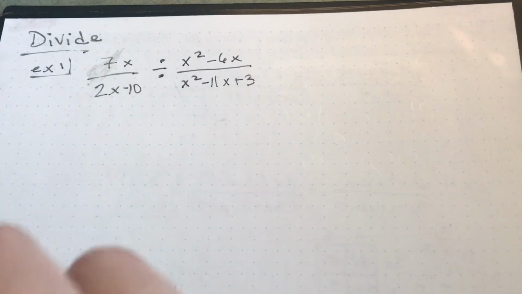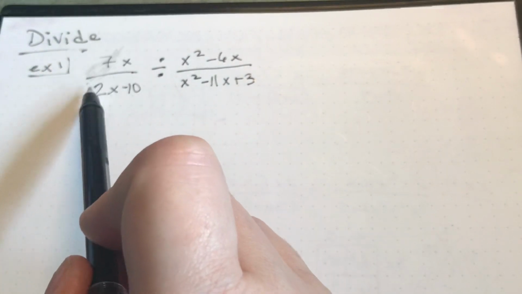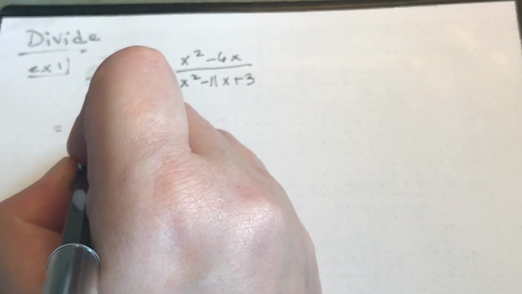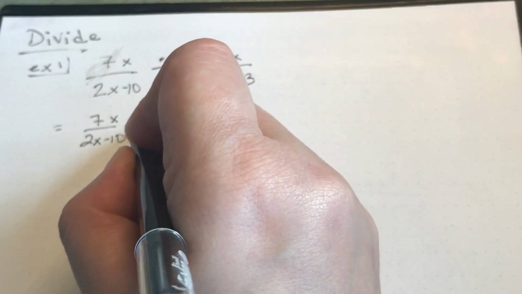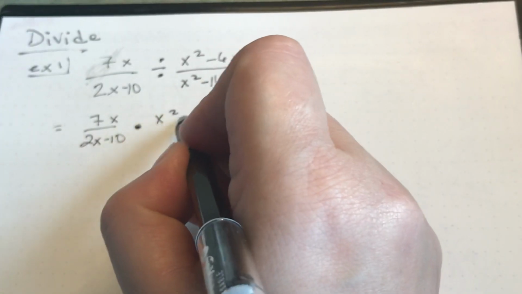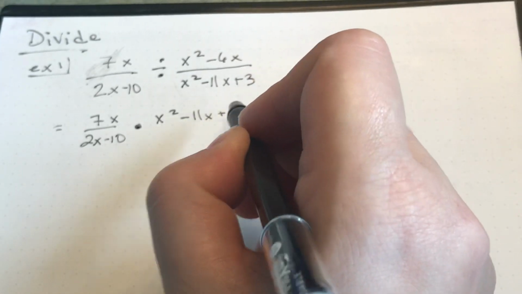So if you remember from yesterday, when we're dividing, we keep the first one the same. We change the division to multiplication, and then we're going to multiply by the inverse. So we're going to flip the second fraction.